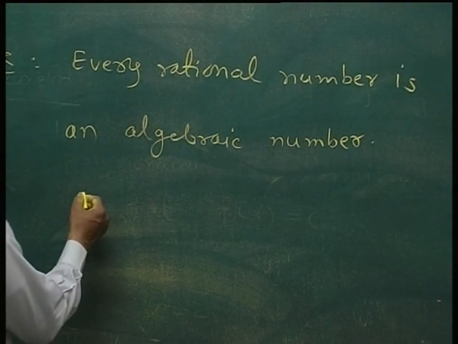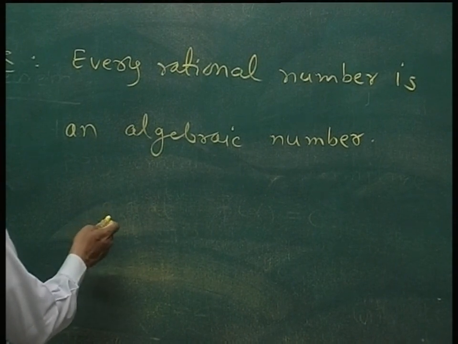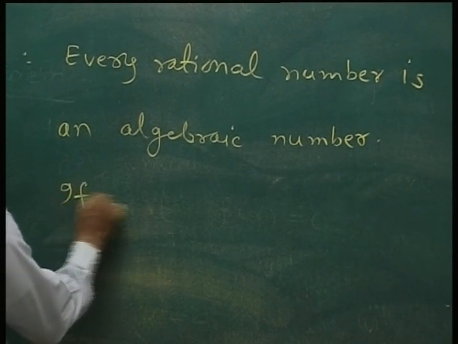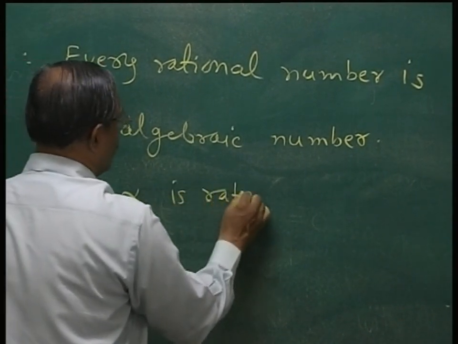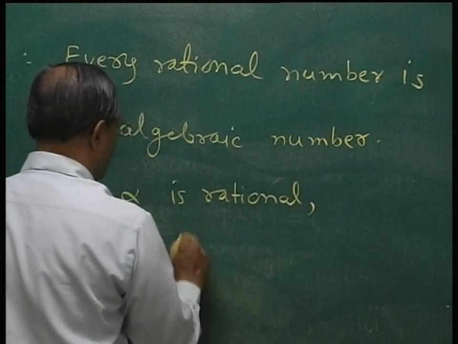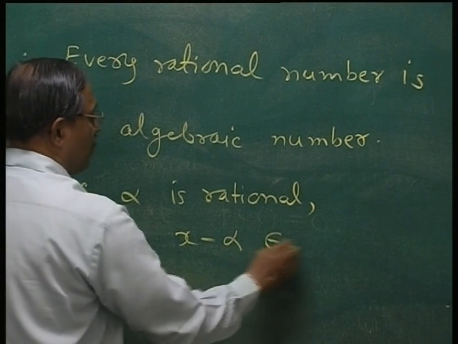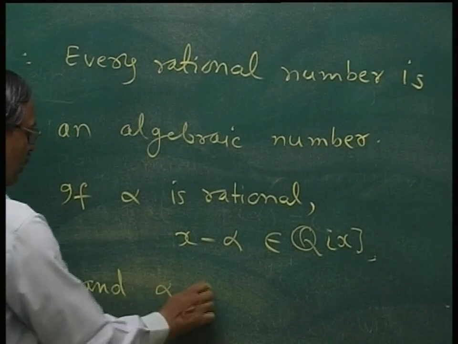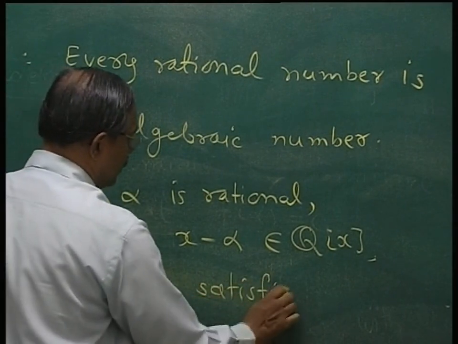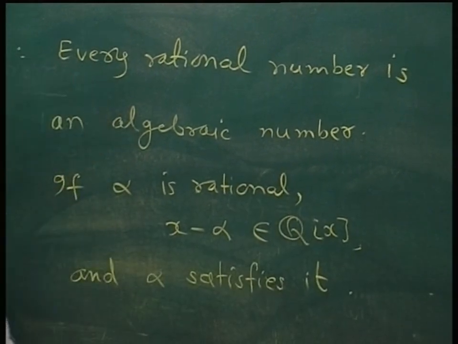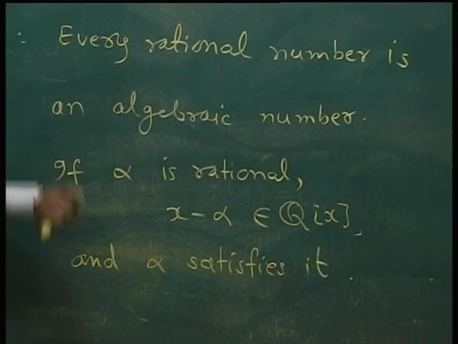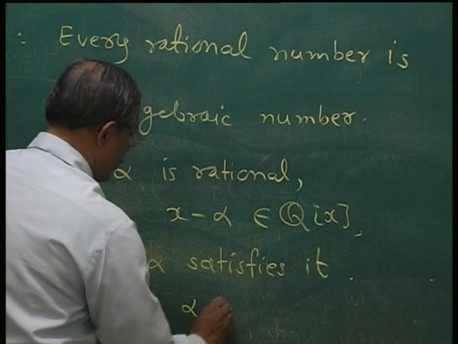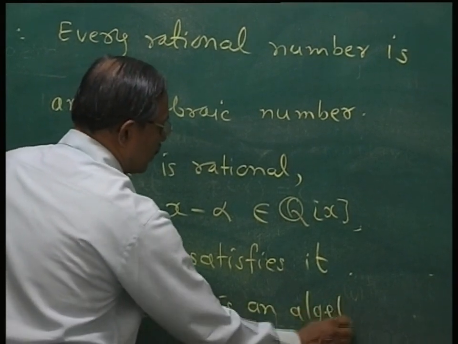Because if alpha is rational, then alpha will satisfy x minus alpha equal to 0. If alpha is rational, x minus alpha, this polynomial is in Q[x] and alpha satisfies it. So alpha is an algebraic number.